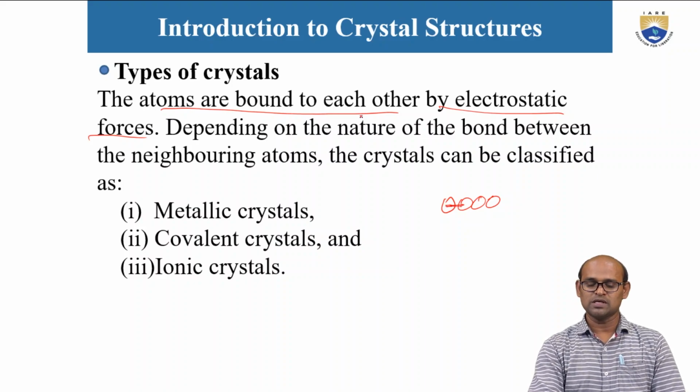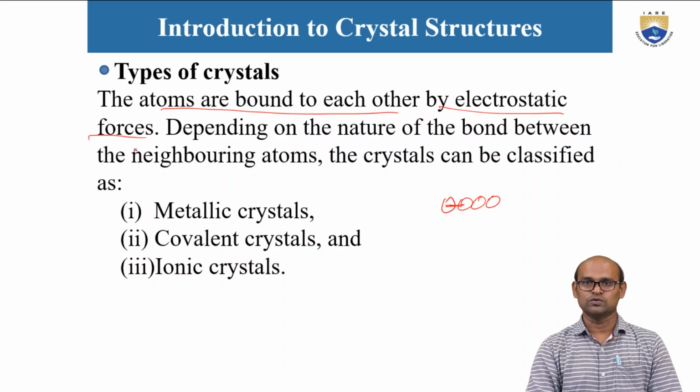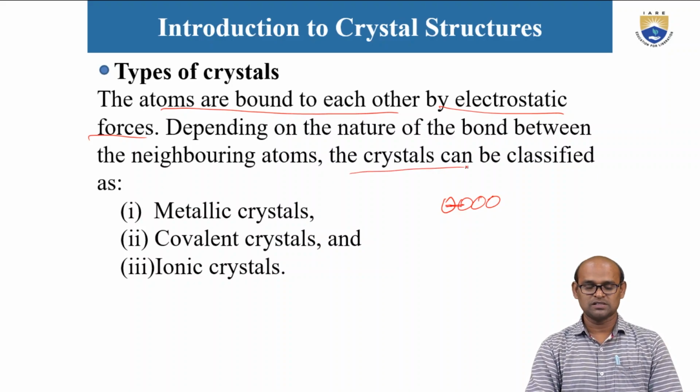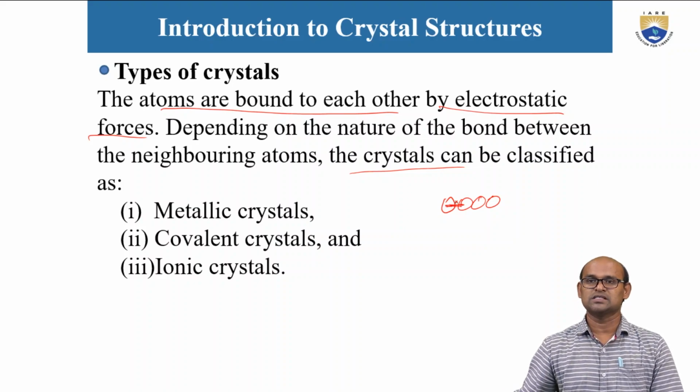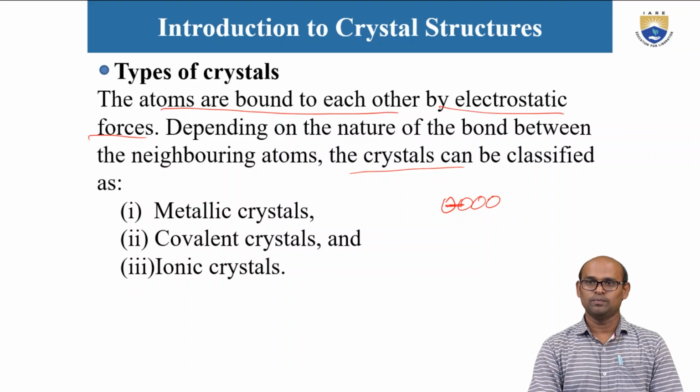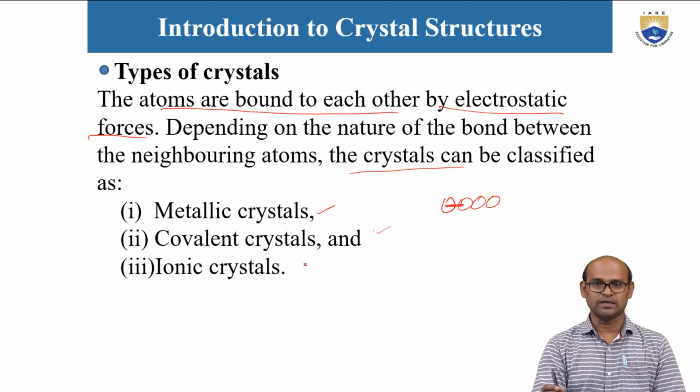The atoms are bound to each other by electrostatic forces. Depending on the nature of the bond between the neighboring atoms, crystals are classified into three categories: metallic crystals, covalent crystals, and ionic crystals.